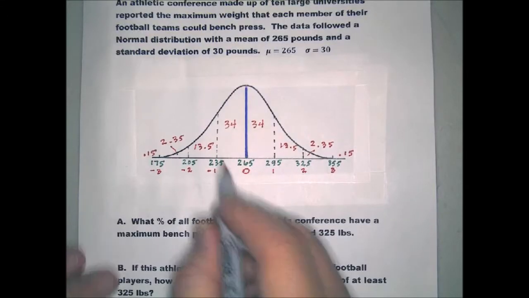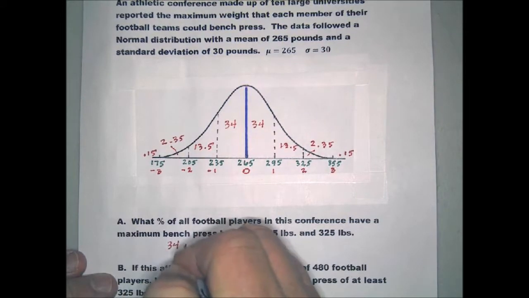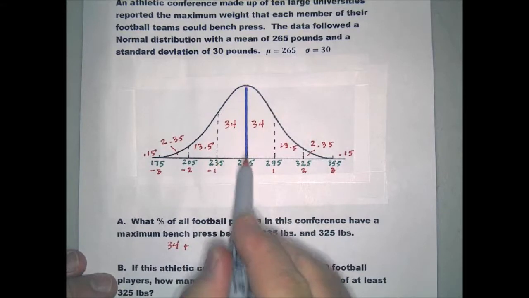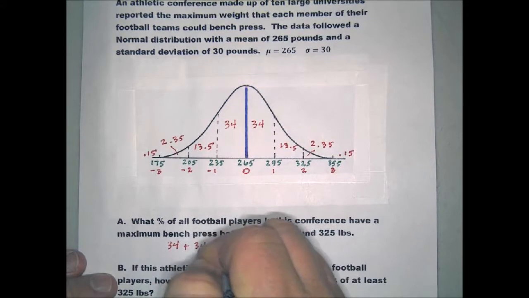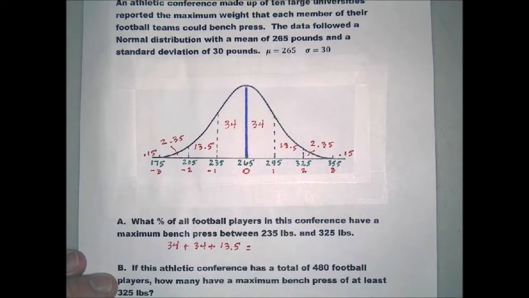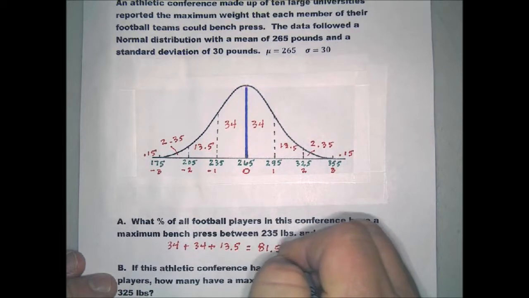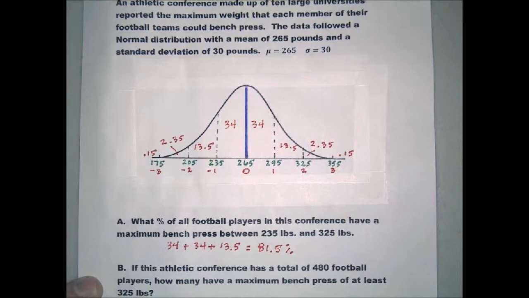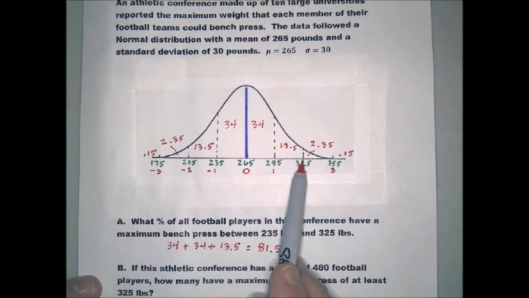So we're going to take 34%, 235 to 265 is 34% of the data, plus another 34% of the data, plus 13.5% of the data, and we're going to get our answer, which is 81.5%. So 81.5% of all the football players in this conference have as their maximum bench press somewhere between 235 pounds and 325 pounds.